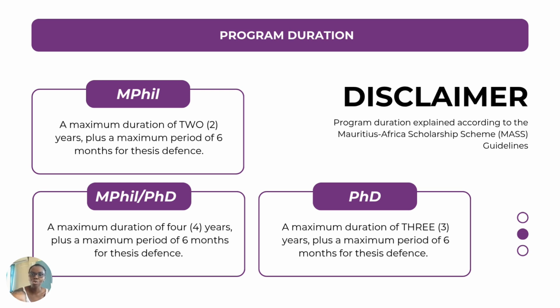So you have 2 years to do your MPhil studies, and then 6 months to have done your defense. And then MPhil PhD is 4 years with 6 months for defense. Then PhD is 3 years with 6 months for defense.